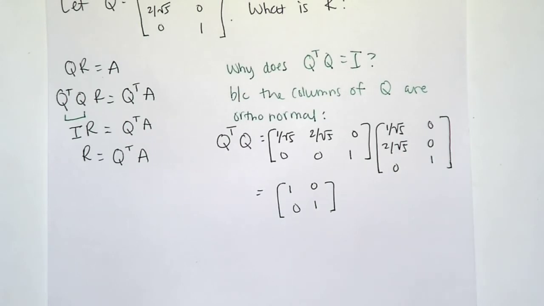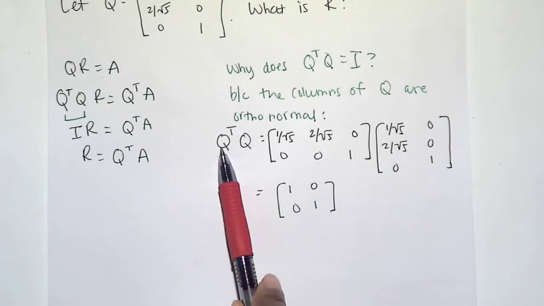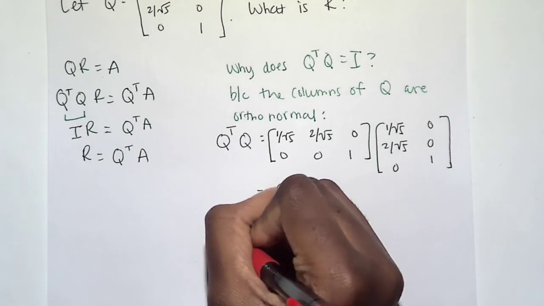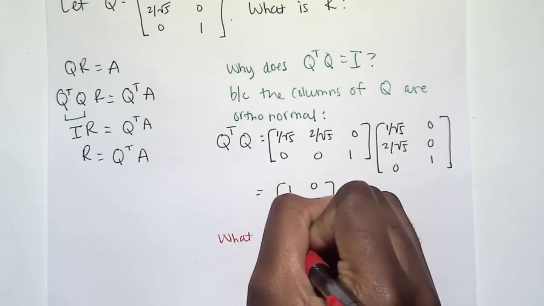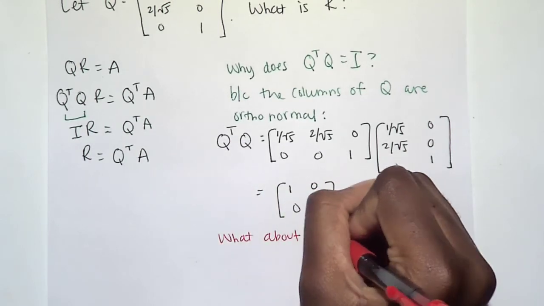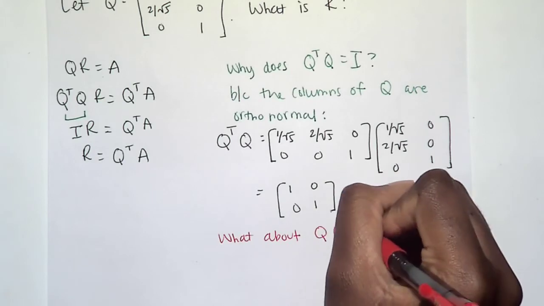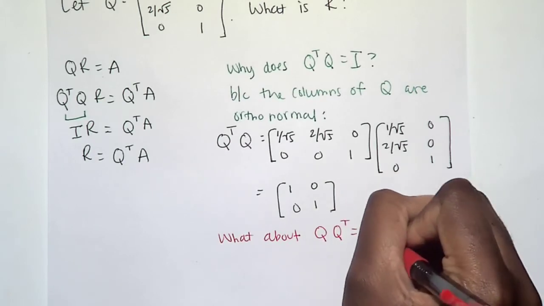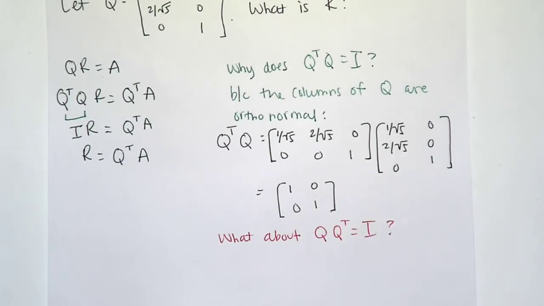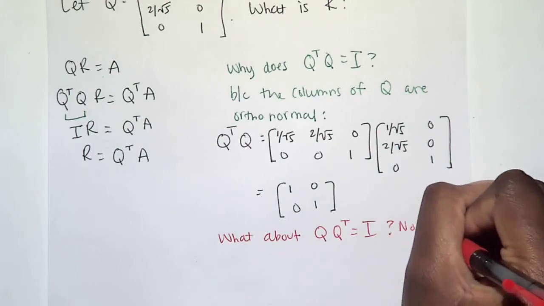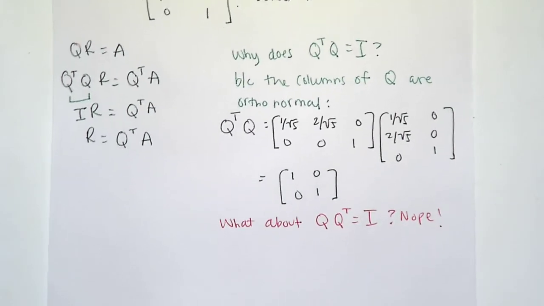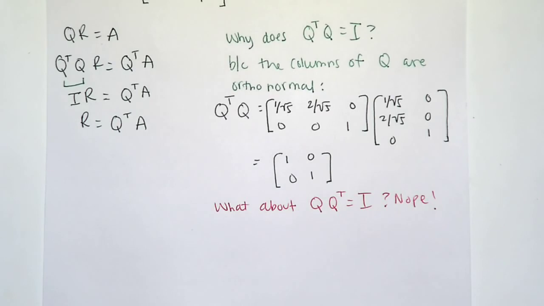Interesting, right? Another question would be, could you have switched the order? What about Q times Q transpose? Does that equal I? Actually, no, it does not. So this is just a very strange situation.